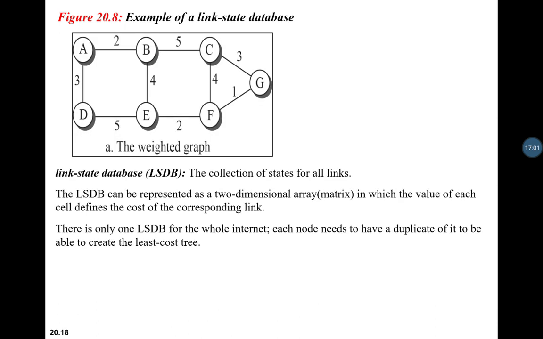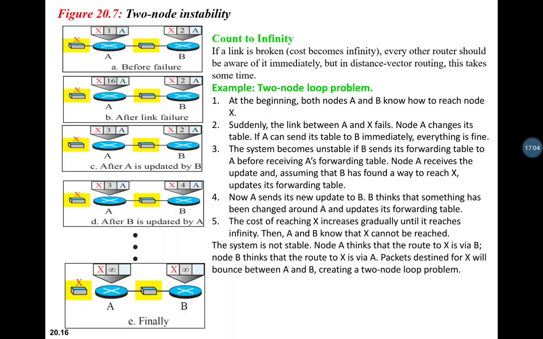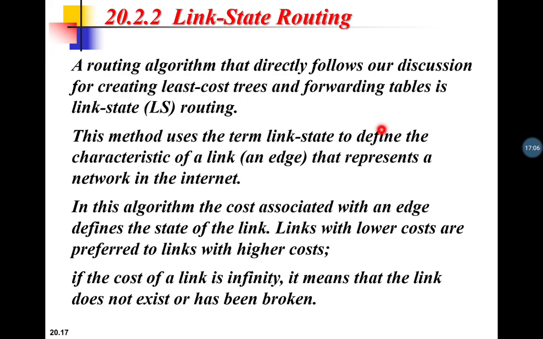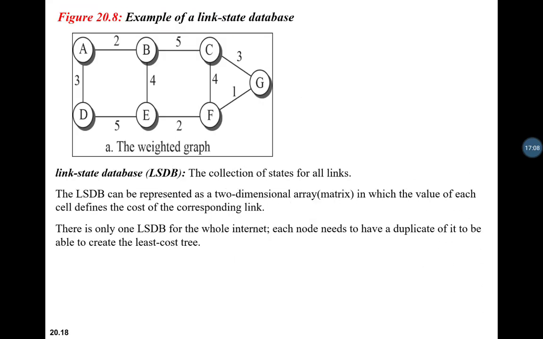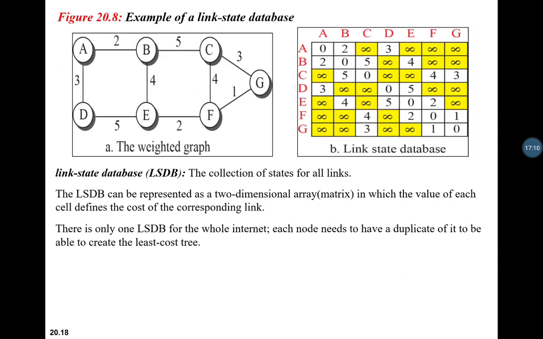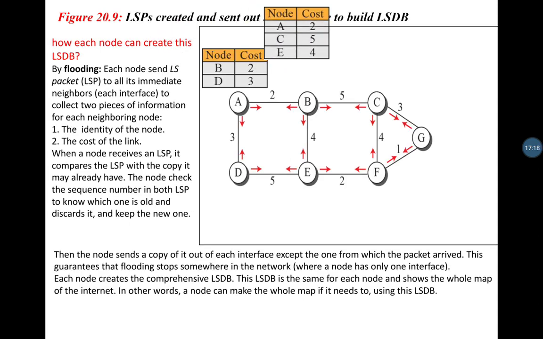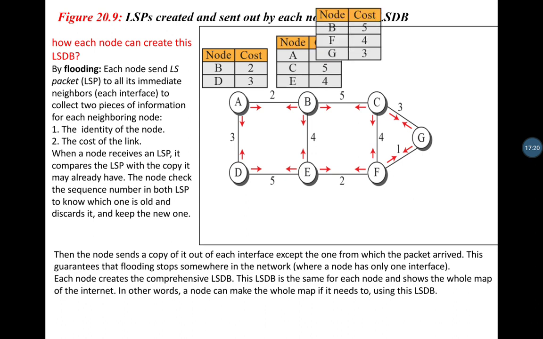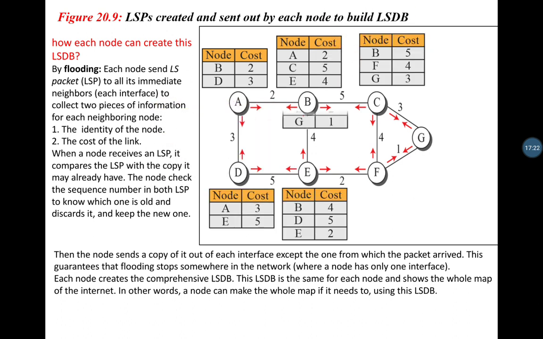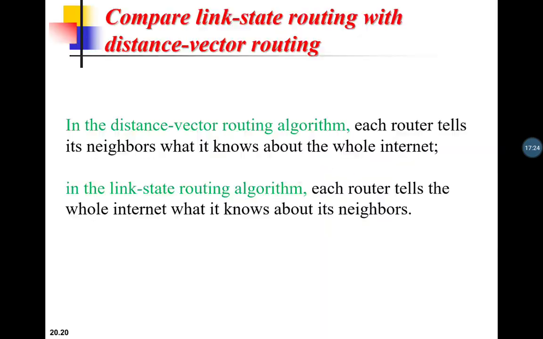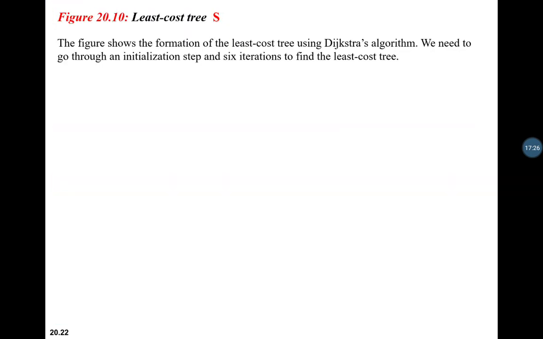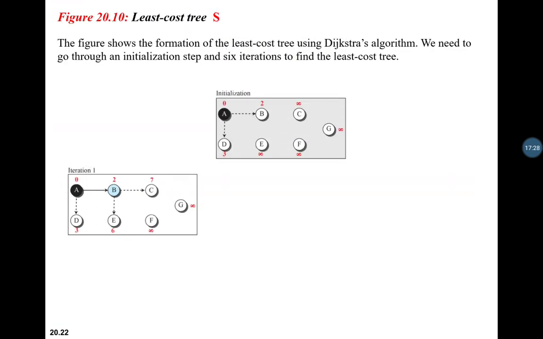And also, remember these examples, whatever is mentioned here, which are said to be weighted graphs. For those examples, we write a link state database. For those same examples, the link state packet creation is shown, what flooding is is explained, and by taking the same example, the Dijkstra algorithm is also explained.